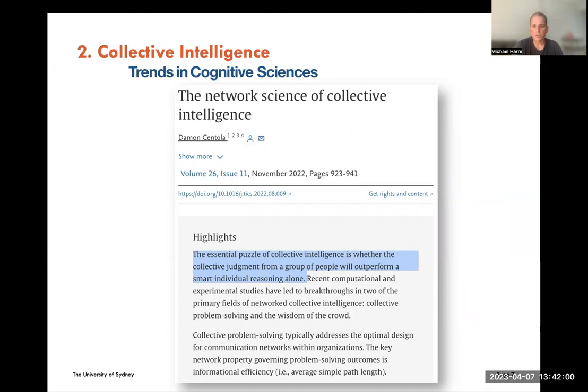And so this is the essential puzzle of collective intelligence. It is whether the collective judgment from a group of people can outperform the outcomes of an individual reasoning by themselves. And so, of course, one of the things that has made us so successful is the fact that when we do interact with one another, we are able to achieve more successful outcomes.